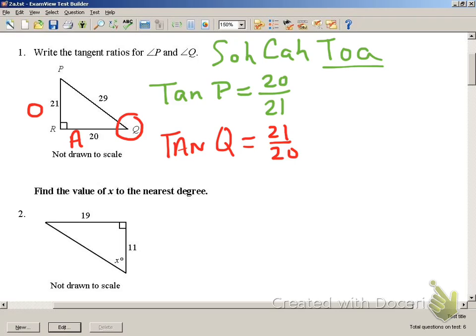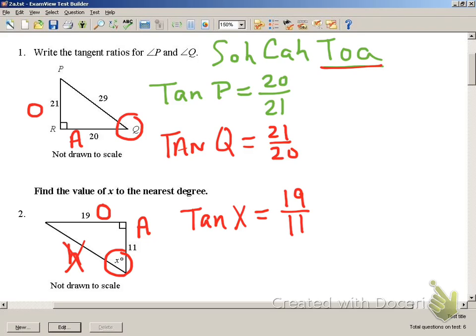Number 2, it says find the value of x to the nearest degree. Here is angle x. Now in reference to angle x, I have my opposite and adjacent. Just in case, here is my hypotenuse. Since I don't need the hypotenuse, using SOHCAHTOA, once again we're going to be looking at tangent, because that has the opposite and adjacent side. So I'm going to say tangent x equals opposite over adjacent.